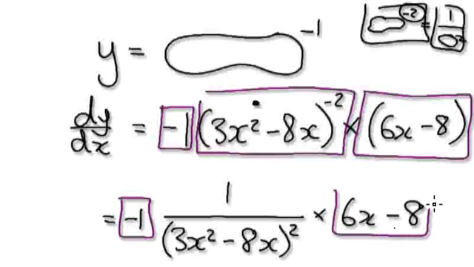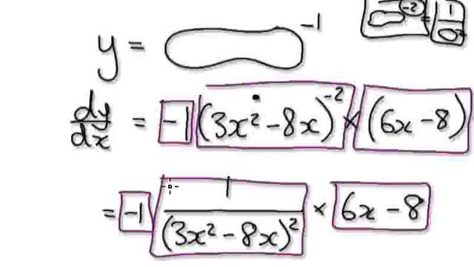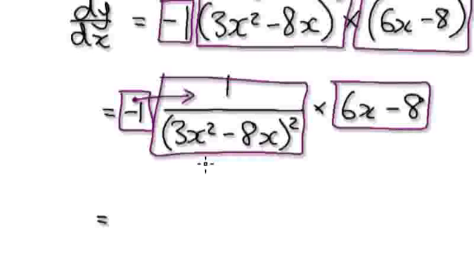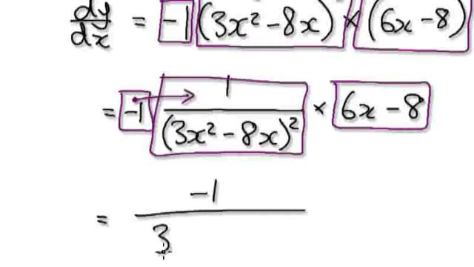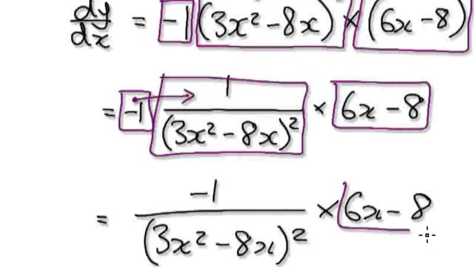So here we've got one block multiplying with this block. Now that they're all multiplying together, this -1 gets multiplied to the top, so that will become -1 over (3x squared minus 8x) squared, and then we still have to times this, and this block gets multiplied to the top.